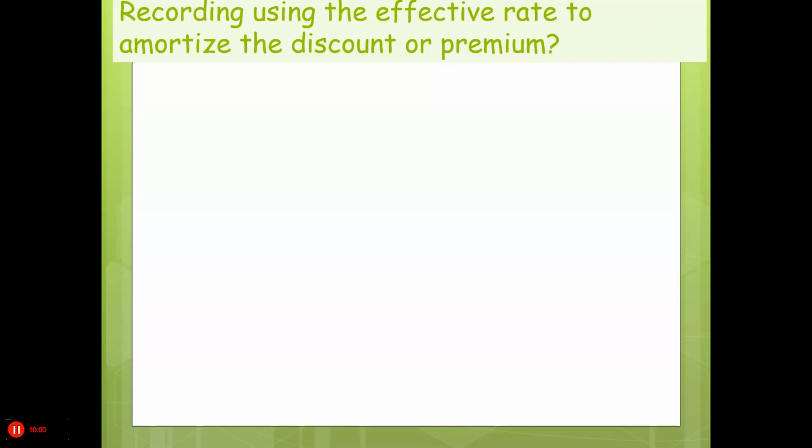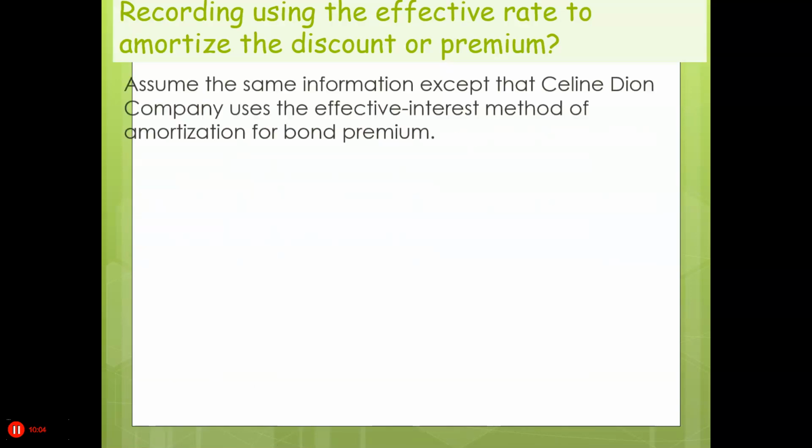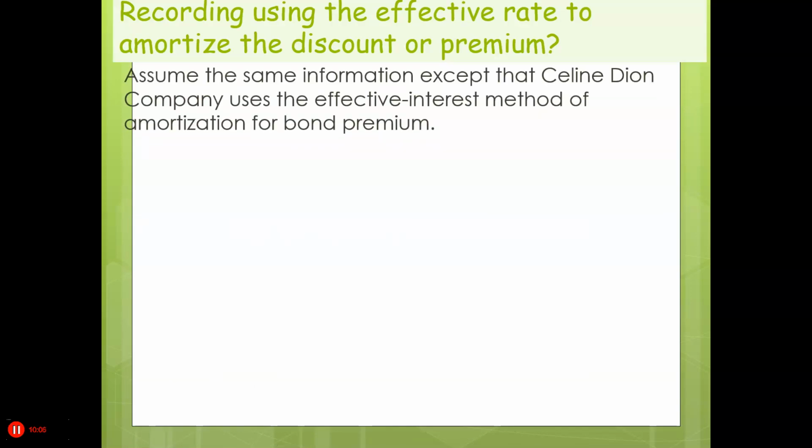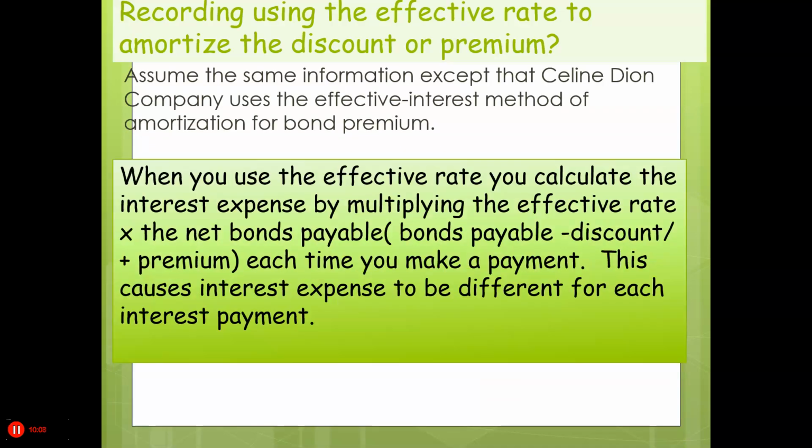Now, same example, but what if we'd issued these bonds and we're using the effective rate? When you use the effective rate, you calculate the interest expense by multiplying the effective rate times the net bonds payable each time you make a payment.